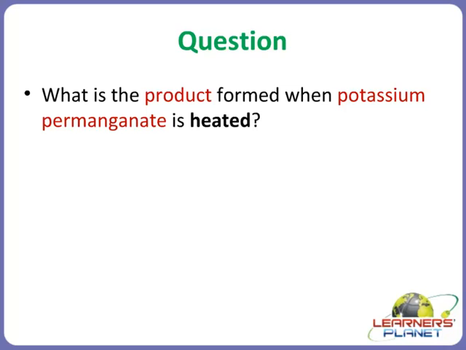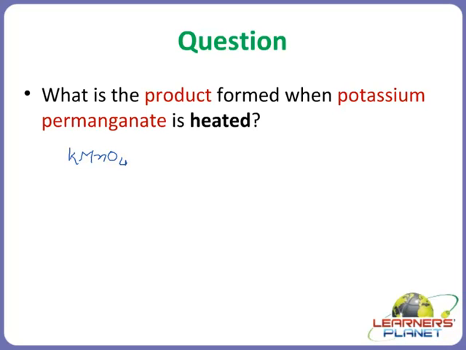Now this is our next question. What is the product formed when potassium permanganate is heated? So what is the formula of potassium permanganate? It is potassium, that is K, permanganate, KMnO4.